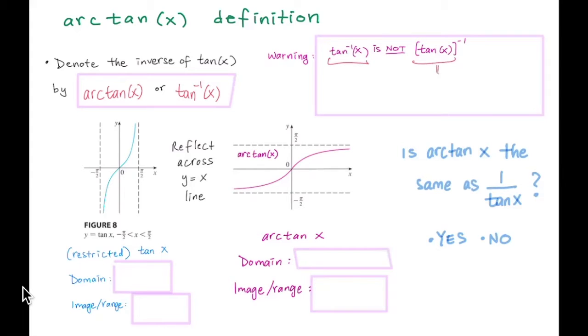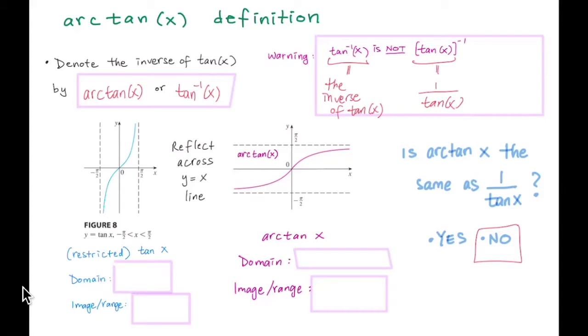The right one is saying 1 over tangent of x, but the left one is the inverse of tangent. So arctangent of x is not the same as 1 over tangent of x.